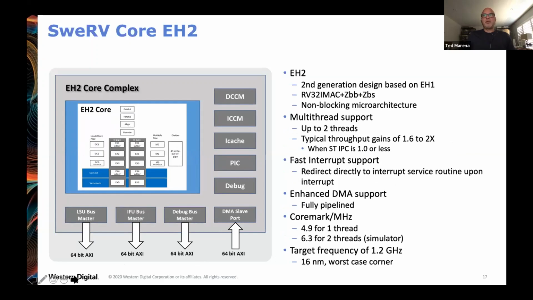Let's talk a little bit more about the EH2. So the EH2, again, is based on the EH1. When you look at it in this diagram, it looks very similar, and the reality is it is very similar. But what's different here is that there are 2 sets of these various registers and control functionality that allow 2 software threads, if you will, to run simultaneously.